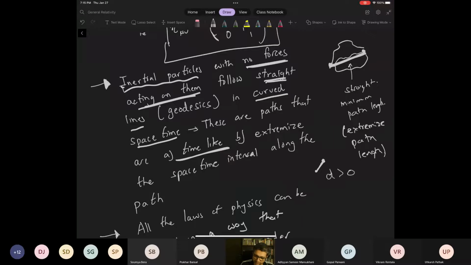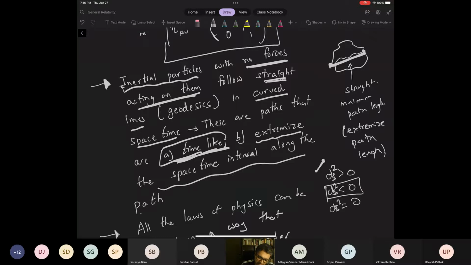This distance can be positive, it can be negative, and it can be 0. But the path it will follow will be time-like, which means in the metric signature that we are using, the distance squared, ds squared, will be negative. And secondly, it will extremize the spacetime interval along the path.